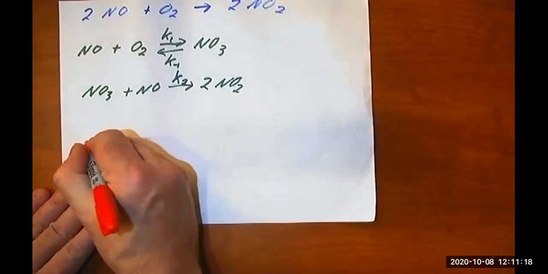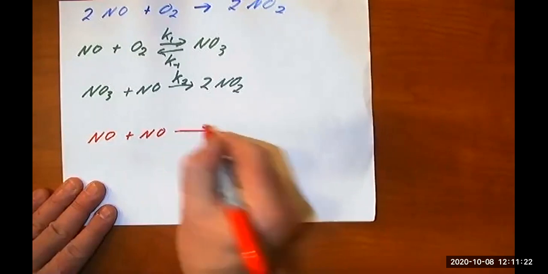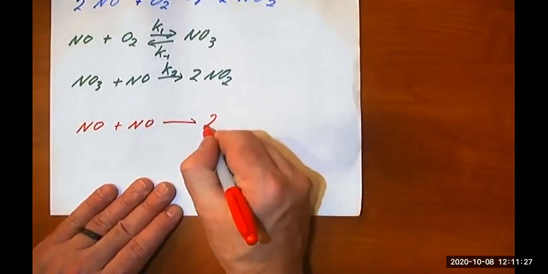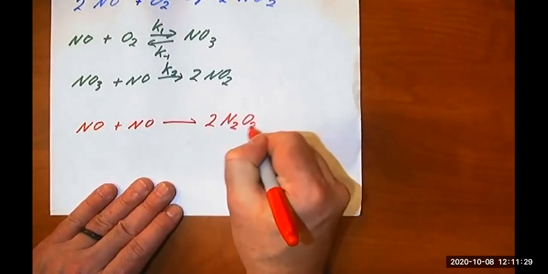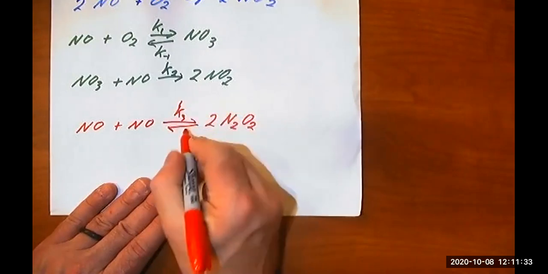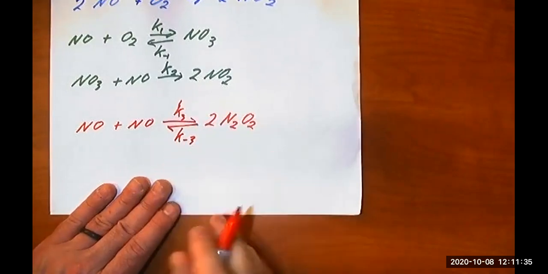A second possible mechanism would be NO plus NO, which you could certainly just write as 2NO if you wanted to, goes to N2O2. I'll call this K3 and K-3.